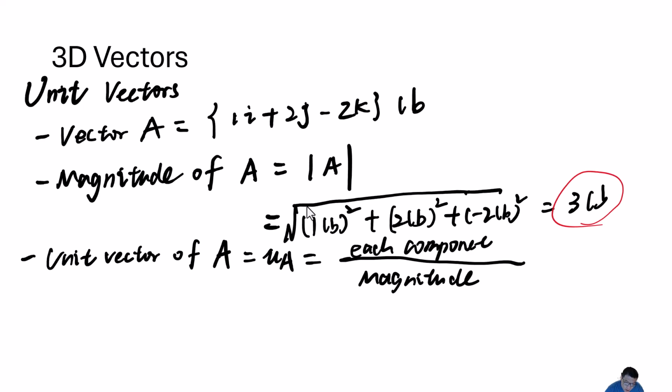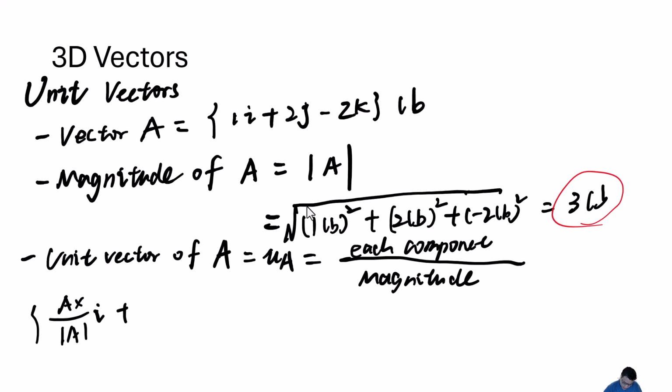So it will be ax over the magnitude of A times i, plus ay over the magnitude times j, plus az over the magnitude times k.